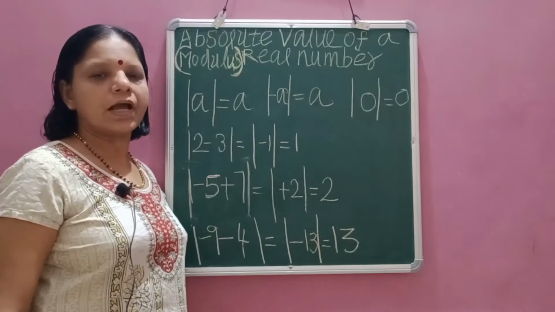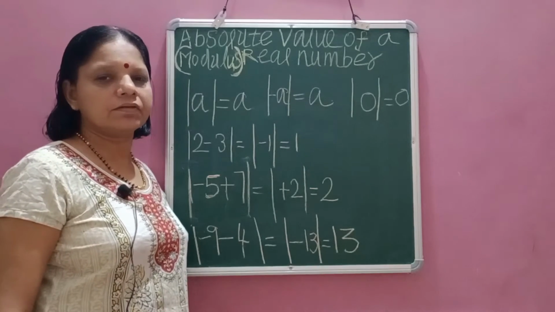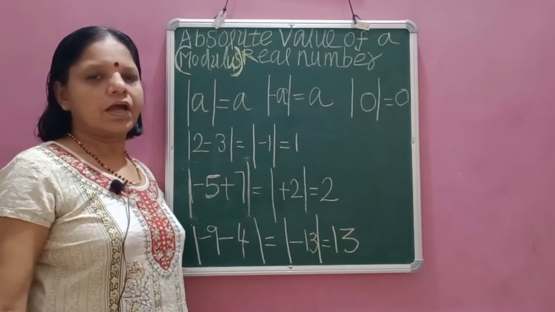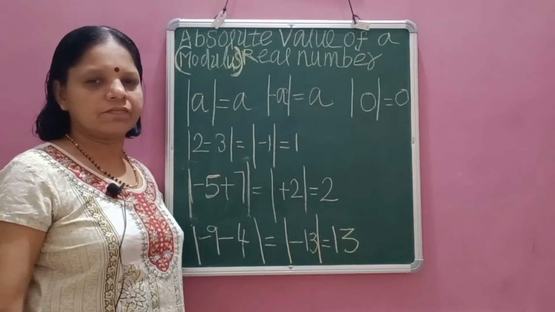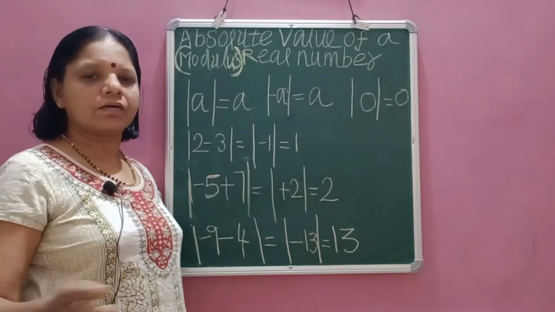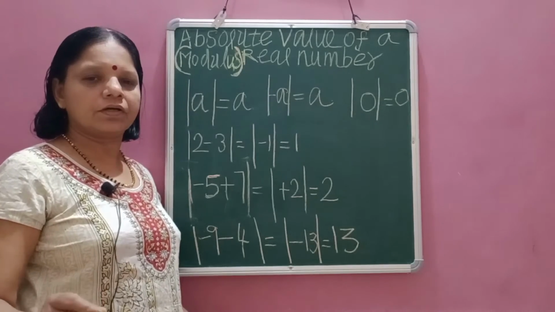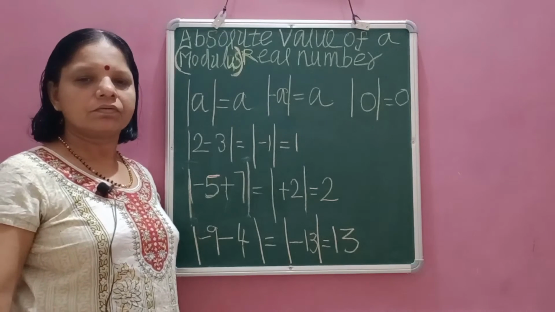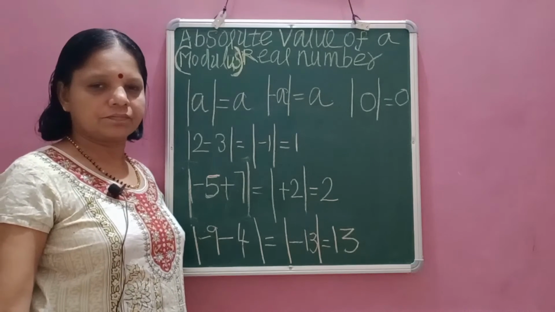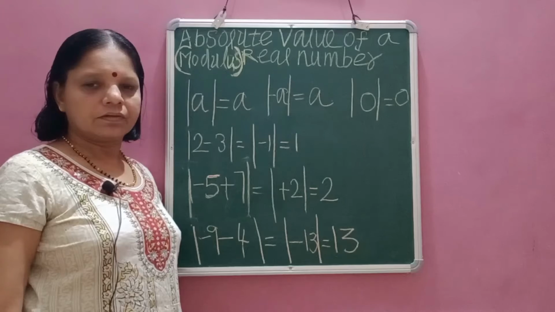For example, absolute value of minus 7 is 7. Absolute value of plus 7 is 7. The 7 and minus 7 are both the values of the number 7. So which is the maximum value? Plus 7. Clear?